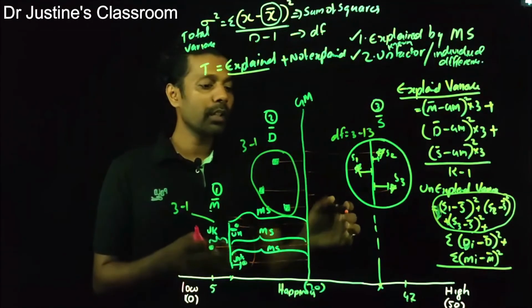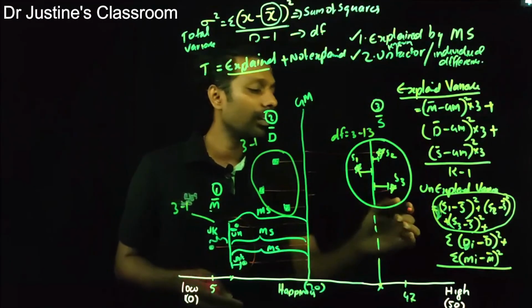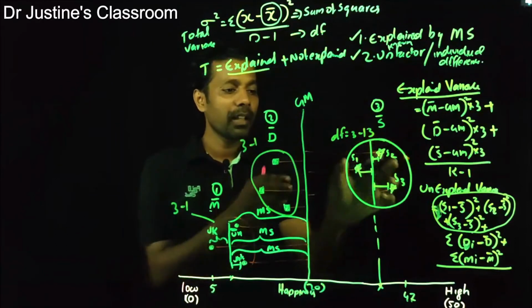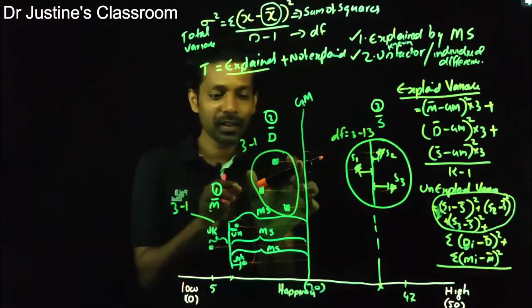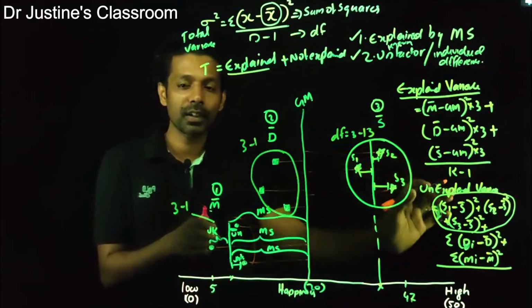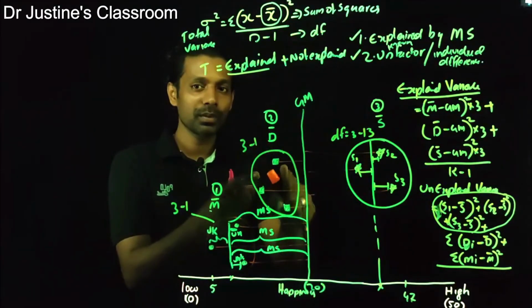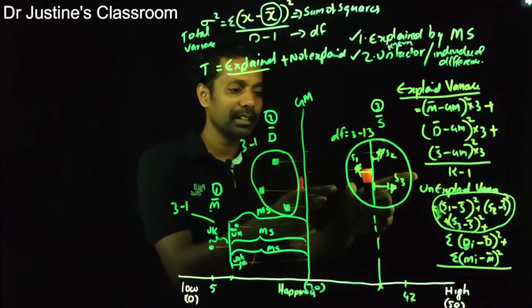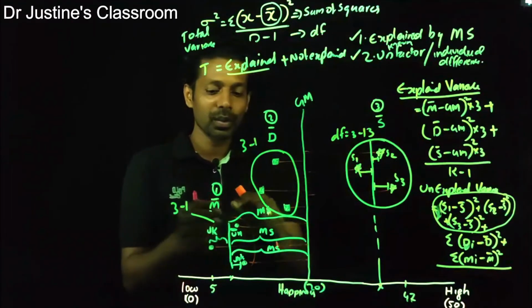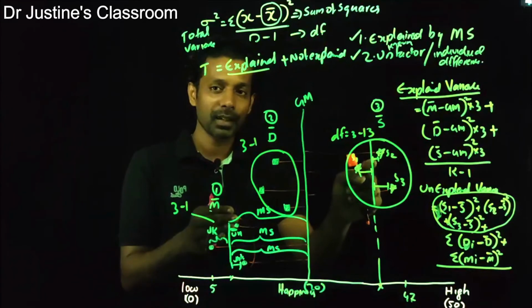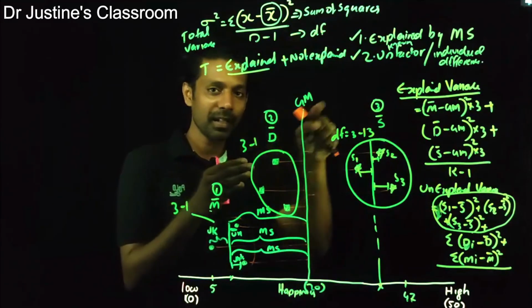So basically, when you consider the degree of freedom, it is n minus 1, n minus 1 and n minus 1. You add all these degrees of freedom: n1, 3, n2, 3, n3, that means the third group, 3. So 3, 3, 3, minus 1, minus 1, minus 1.